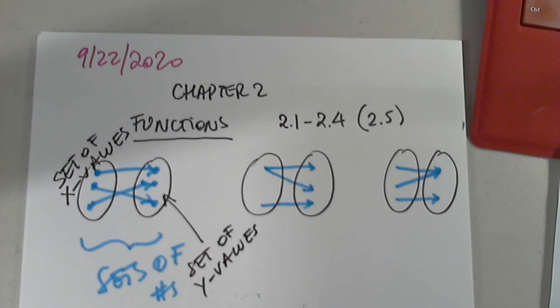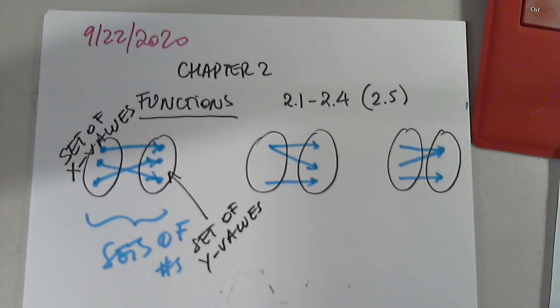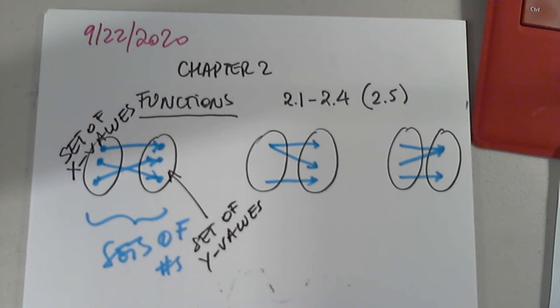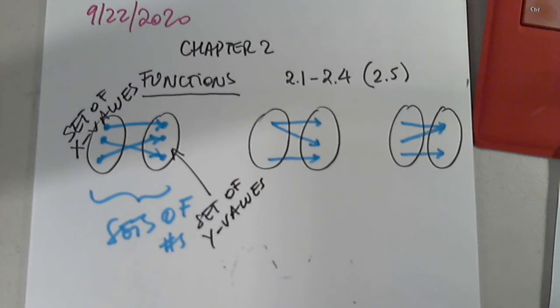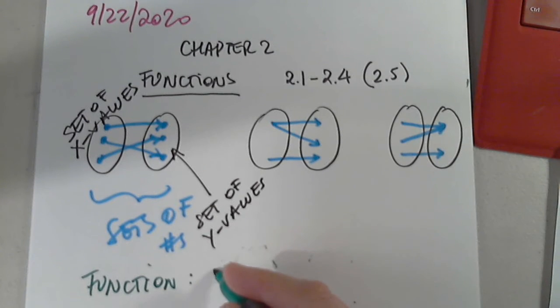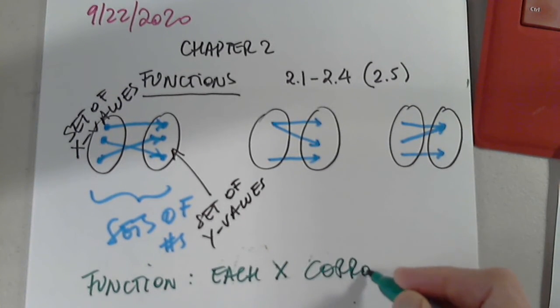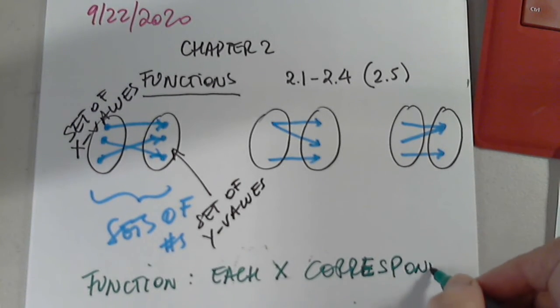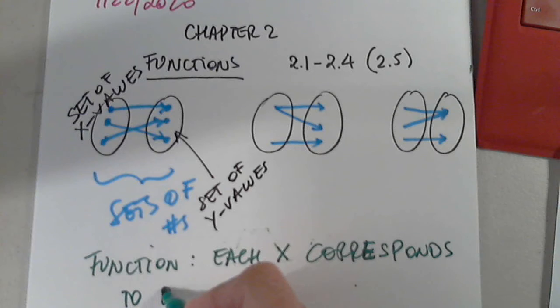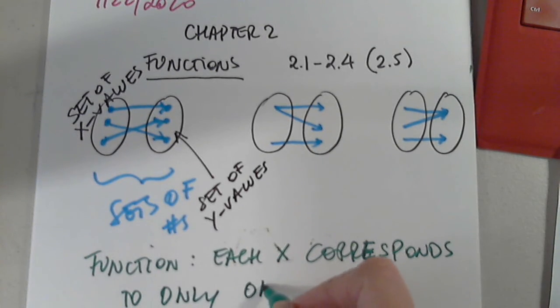Let me know if you cannot see. Let me know if it's not clear. You know the drill, etc., etc. And here is the definition of a function. Function. In short, each x corresponds to only one y value.